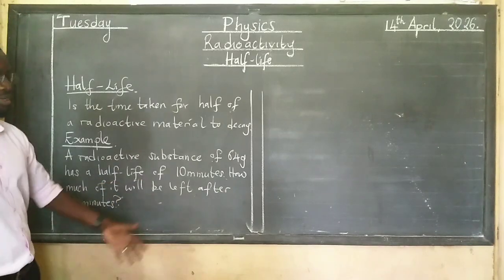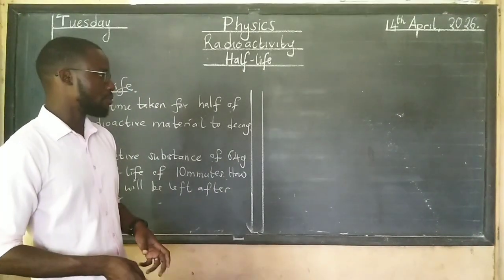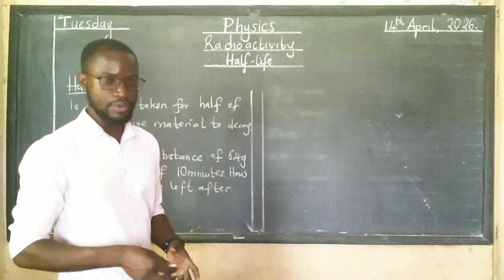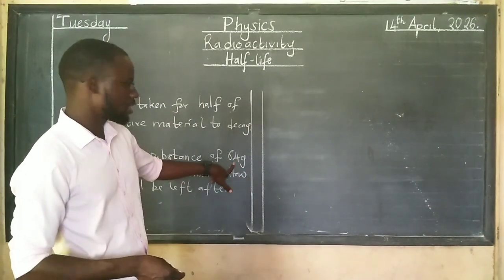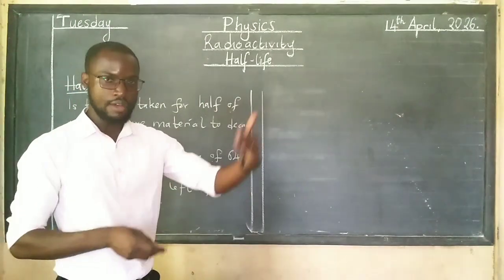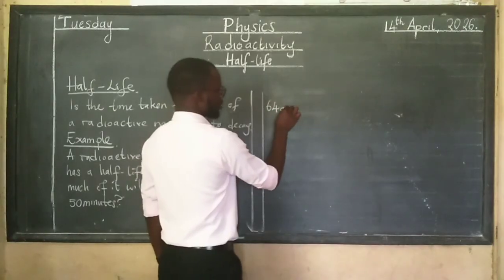There are many ways of solving this. Some teachers will even give you formulae, but I prefer to do it like this, a way that anyone can easily understand what is happening. So, we get the 64 grams, and then we take it into halves like this. 64 grams.